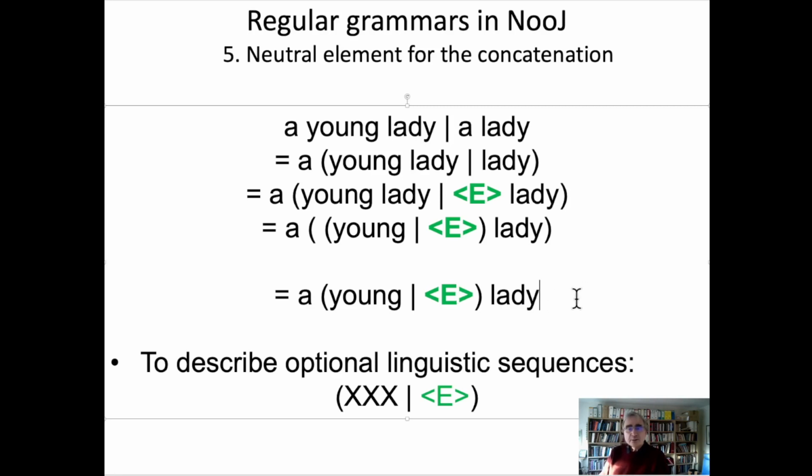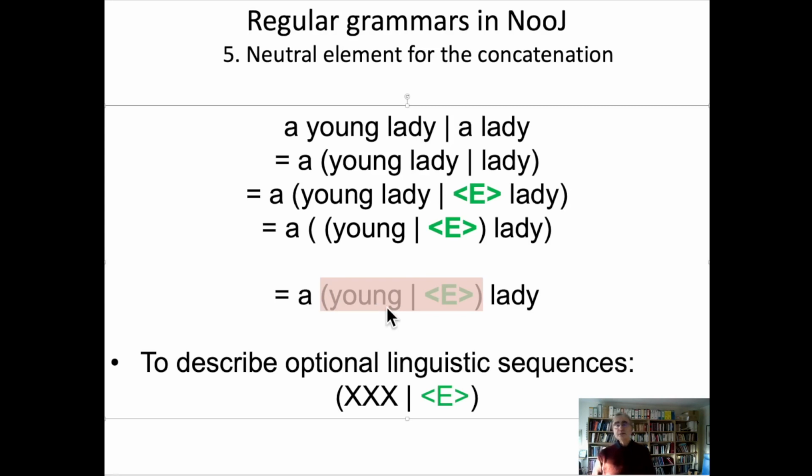So what we just saw here is that instead of writing a young lady or a lady, we can notice that the word young is actually optional in this grammar. Therefore, we can write it young with a disjunction operator, the pipe, epsilon. So young or epsilon is a linguistic way to say that the word young is optional.